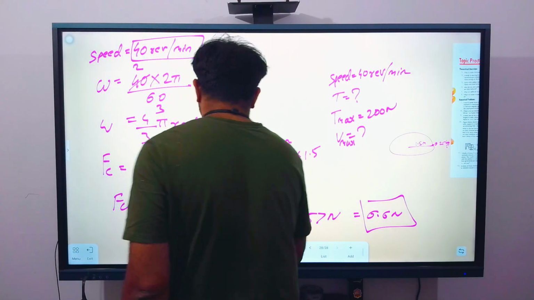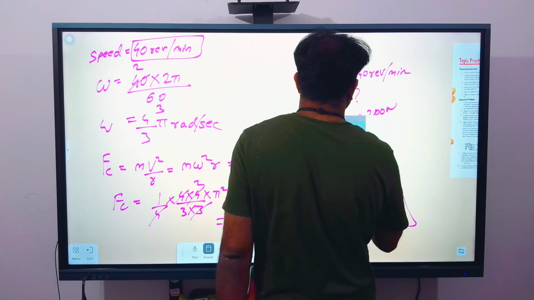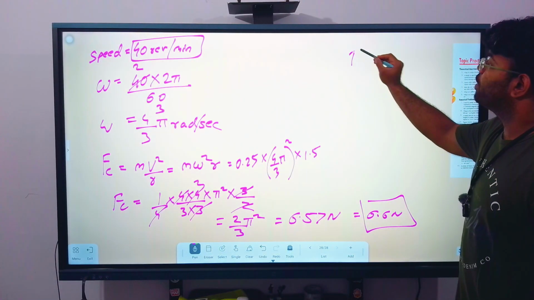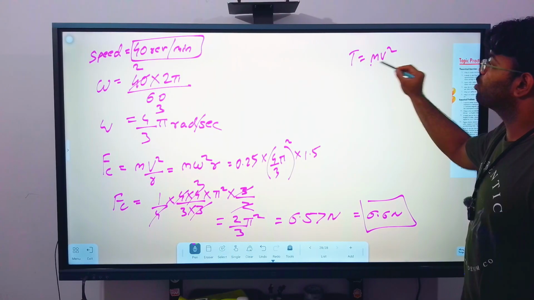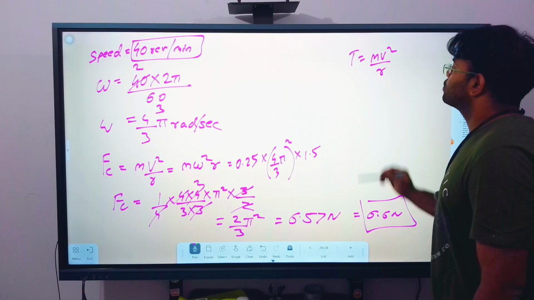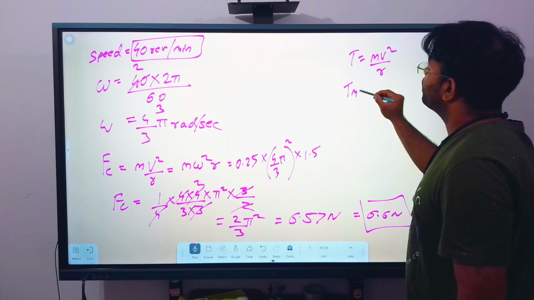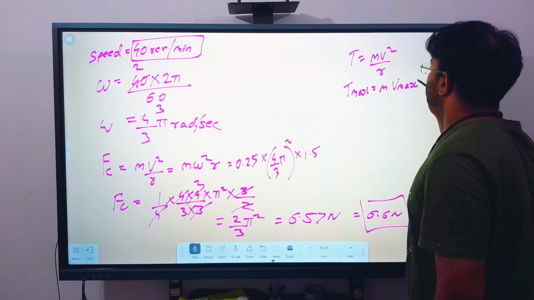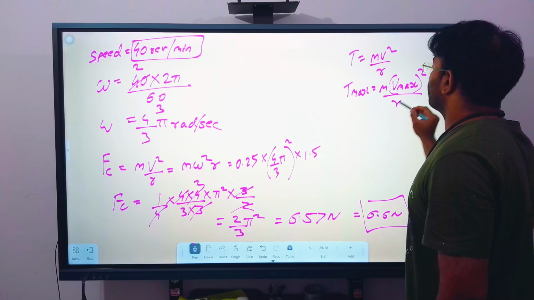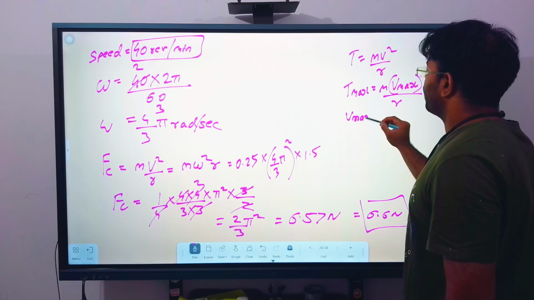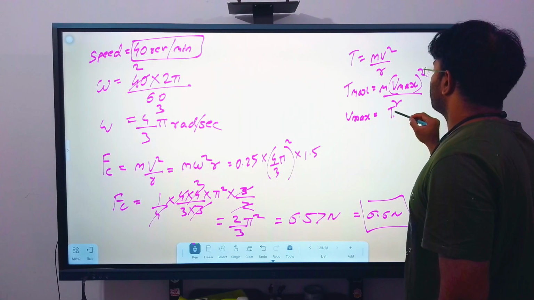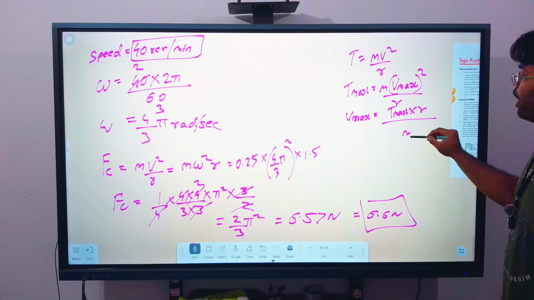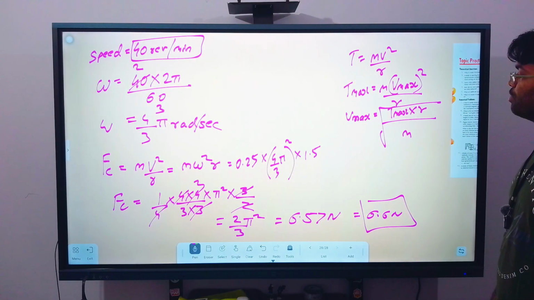Okay, so we know that tension is equal to mv squared upon r. So T max is equal to m v max the whole squared upon r. Therefore, V max is equal to T max multiplied by r upon m, the whole root.